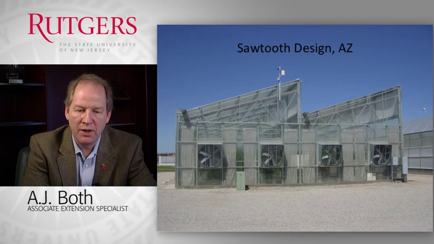So if the prevailing wind direction in this case is coming from our left and blowing to the right, you can see that the air has to go over the greenhouse roof, and just as it detaches from the peak, it creates this area of low pressure, of turbulence that helps suck out the warmer air inside the greenhouse. So by designing this particular roof structure, we can improve the ventilation in this house and hopefully provide better growing conditions for the plants.